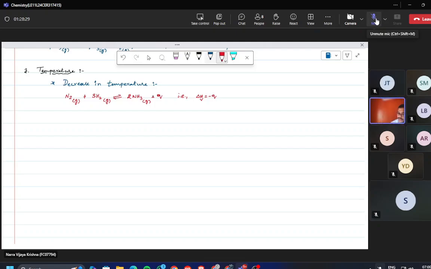Minus Q or plus Q? See, how much amount of Q is lost in the reaction? Q kilojoules per mole is the energy released. I am writing Q on product side, means energy got released. Energy got released means exothermic. If it is exothermic, what should be delta H? Minus Q. Correct? So this is exothermic reaction.